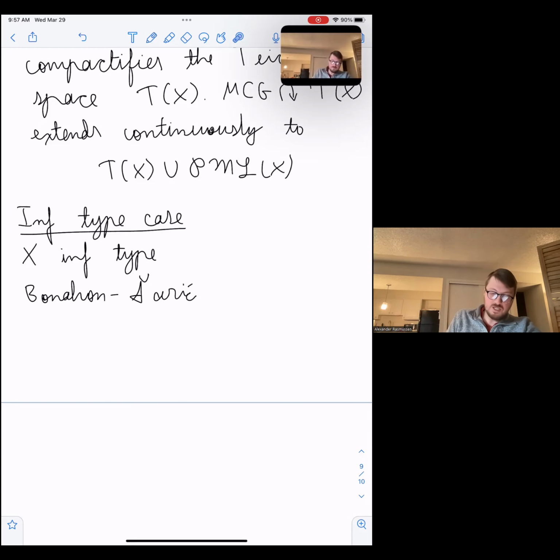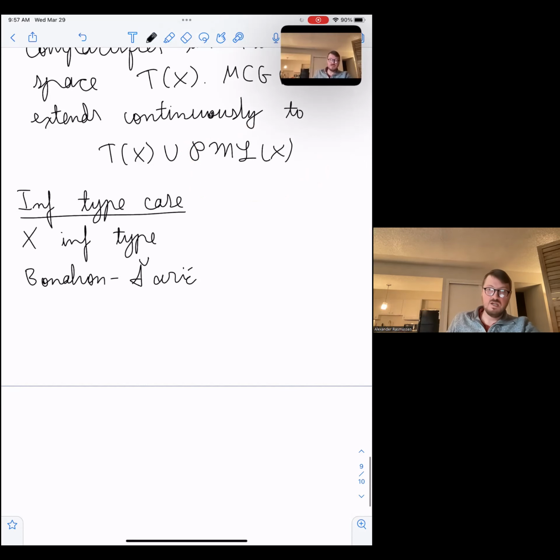So PML here is usually what's called the Thurston boundary of Teichmuller space. So we want to produce some kind of analog for the Teichmuller space of an infinite type hyperbolic surface.